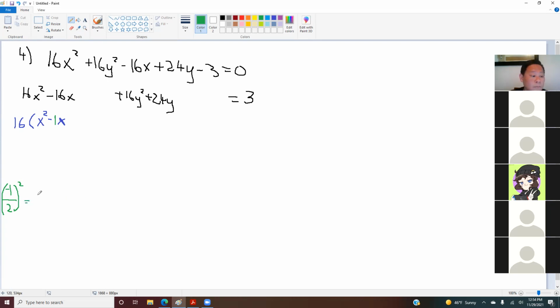You get 1/4. So you will add this to both sides of the equation. But when you add 1/4 here, what should you add on to the 3 here? You have to distribute the 16 to the 1/4. So what do you get? 4. And this 3, you will be completing the squares. It will be what?